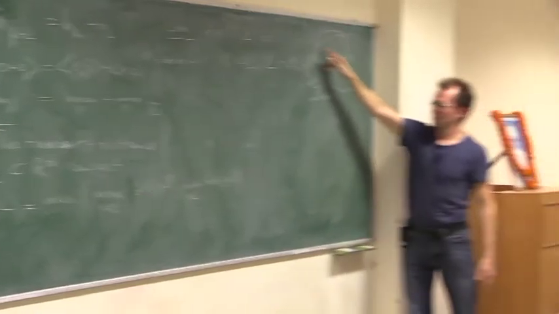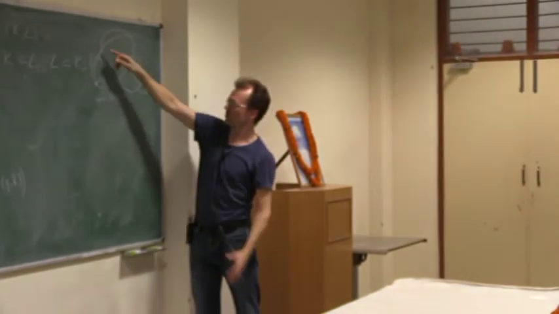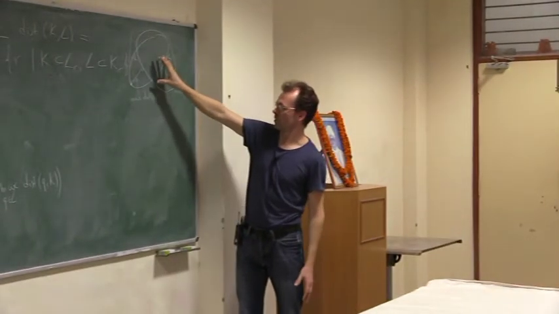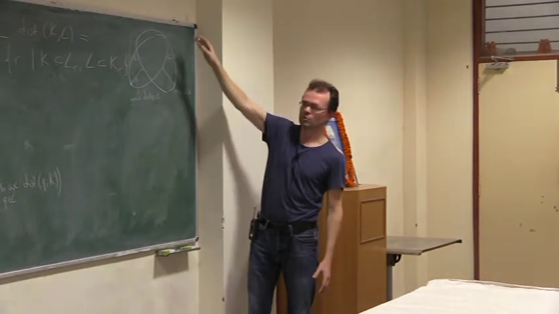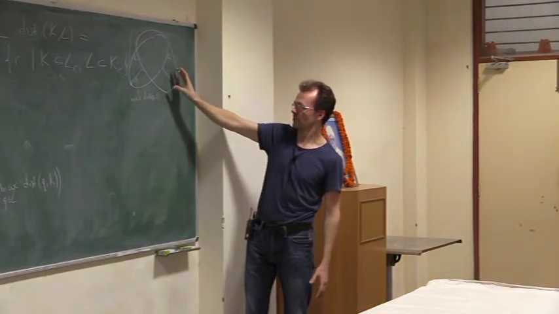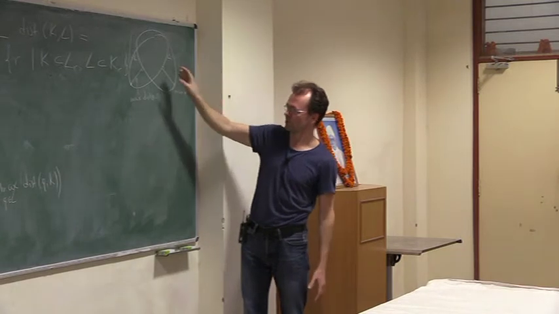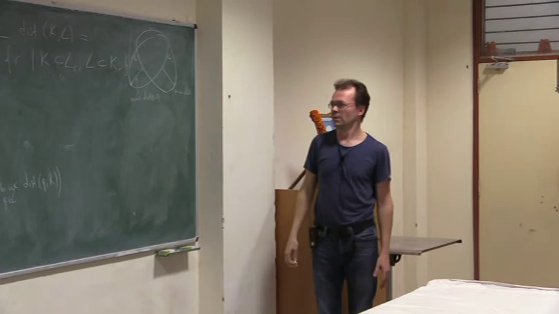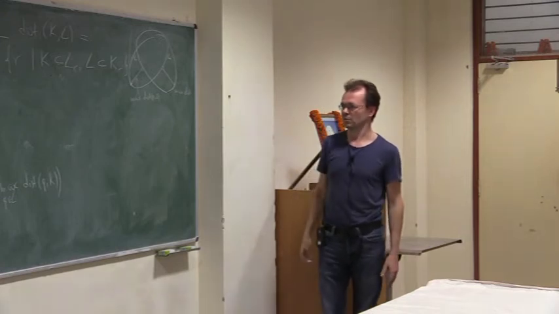Now if I take the R neighborhood of K, it will swallow all of L. And if I engulf L by the Hausdorff distance, it will also swallow all of K. So that's exactly the Hausdorff distance.